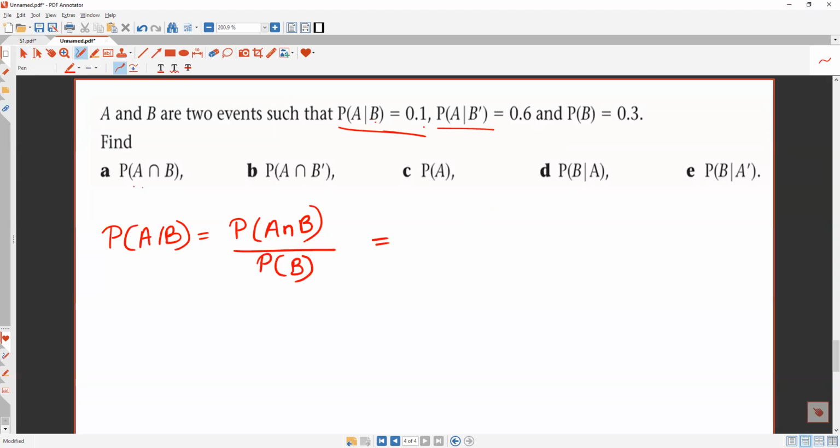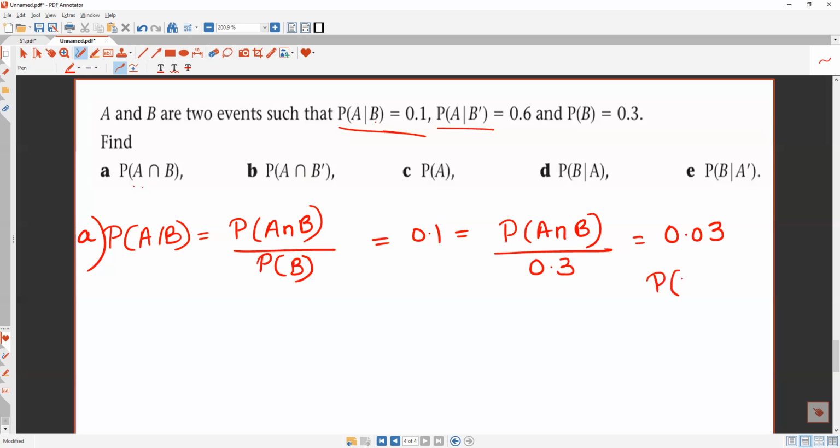So A given B is 0.1, equal to P(A intersection B) divided by P(B). How much is P(B)? 0.3. So 0.3 multiplied by 0.1, how much is it? 0.03. Okay, so this is the A part answer. Probability of A intersection B is 0.03.